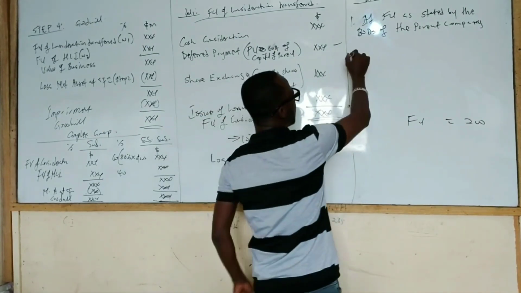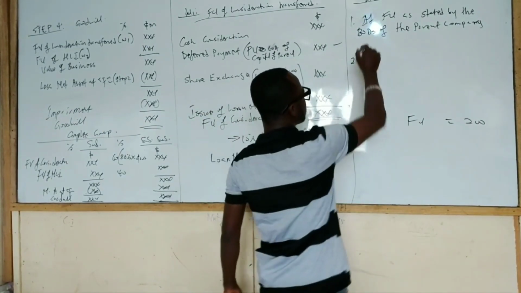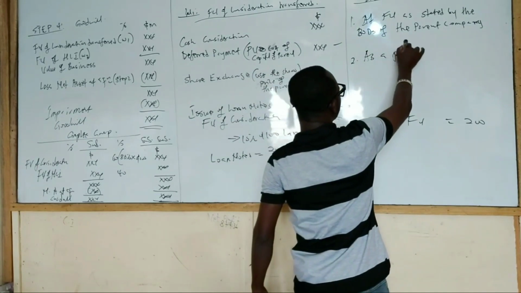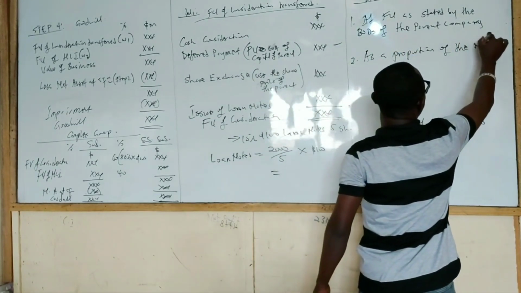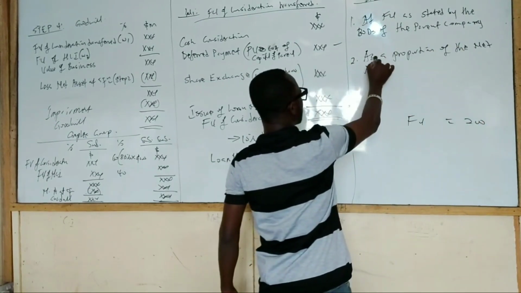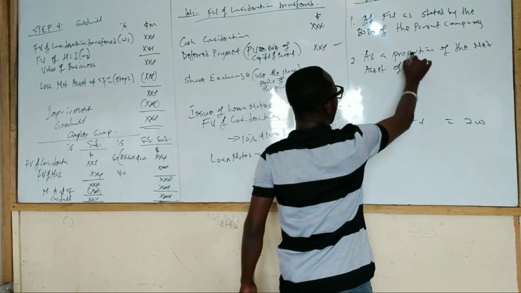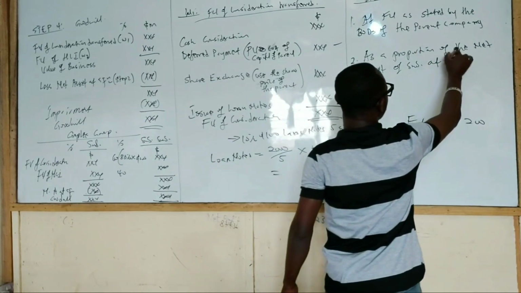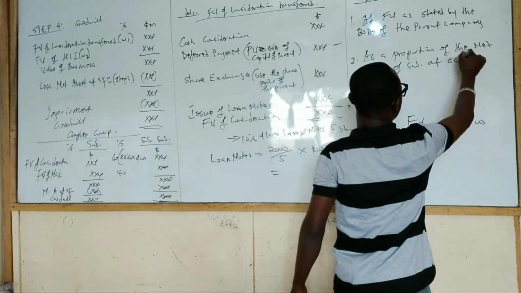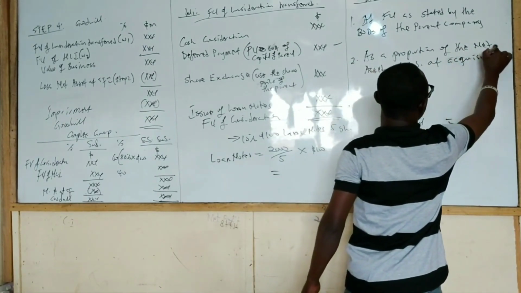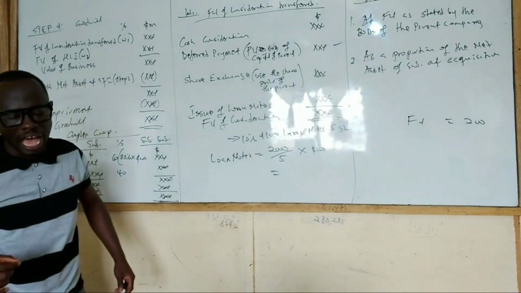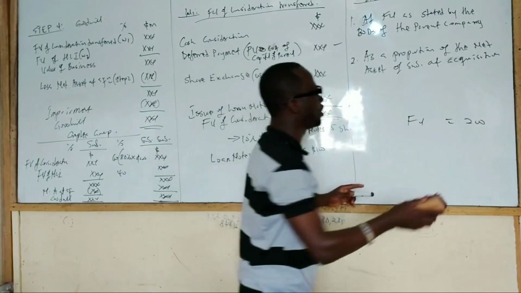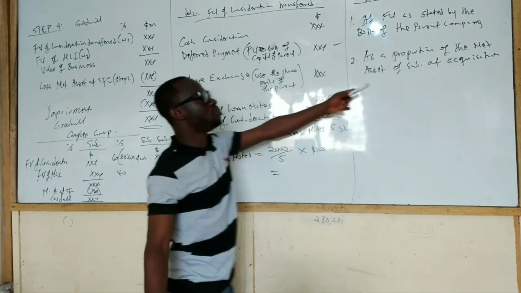Second way to calculate NCI is as a proportion of the net assets of the sub at acquisition. Now, what does that mean?